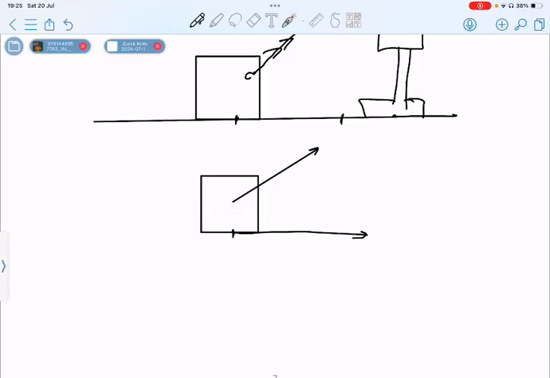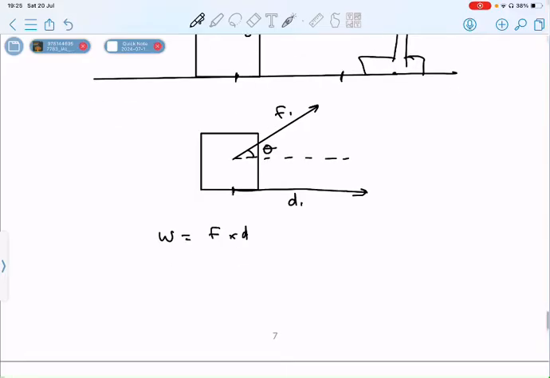So questions will give you an angle, theta, and they'll tell you the force will be F1 and distance will be D1, okay. So what is your work done? Work done is equal to force times distance, but force is not resolved. How do we resolve force? We just use trigonometry. This is theta. This is your right angle triangle.